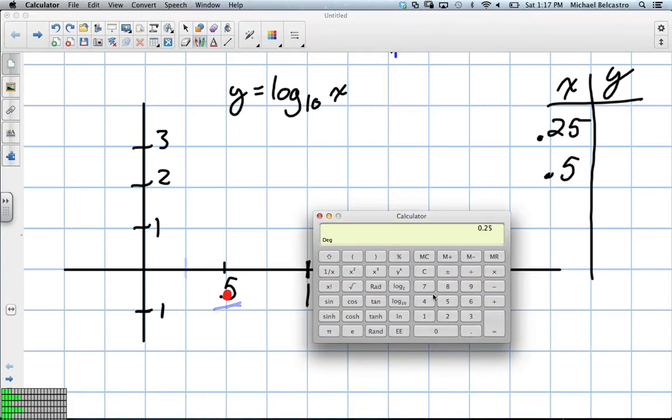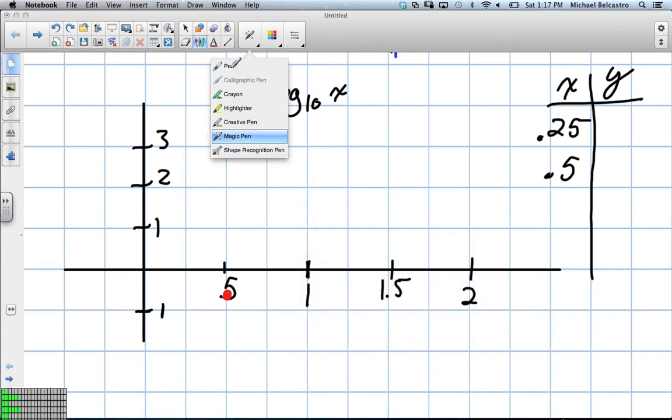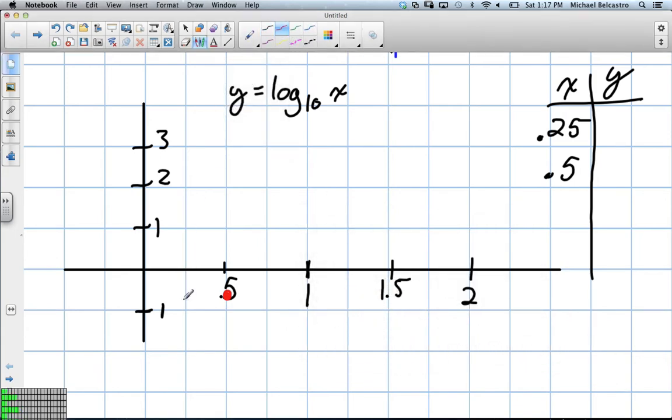Same idea, log 10 of 0.25 is negative 0.6 roughly. So actually that should be down here more, and the red one should be up a bit. We'll move that red one a little, because it was negative 0.3, we said. So this is negative 0.3, and this is negative 0.6.